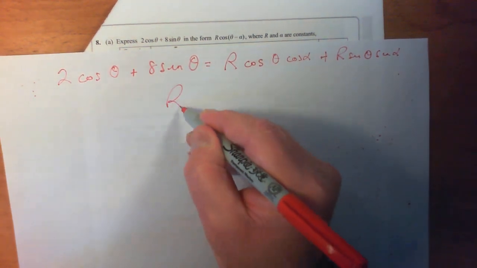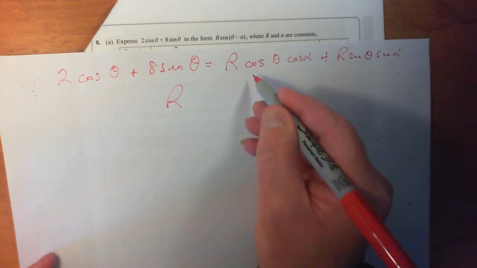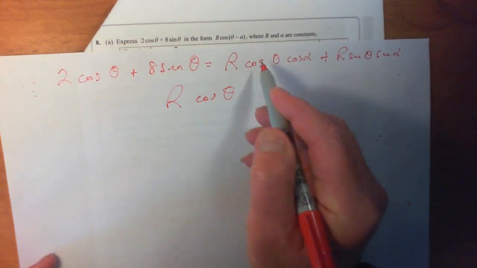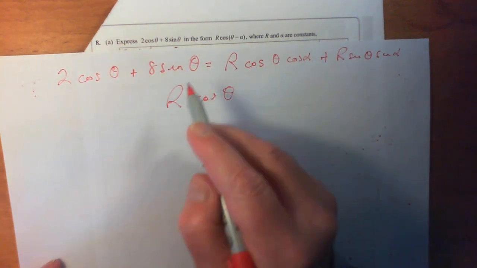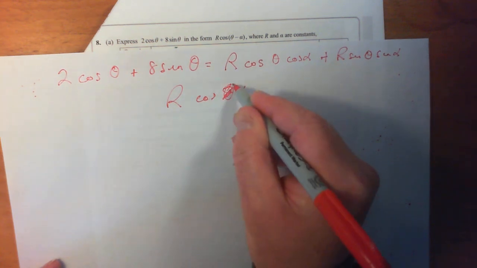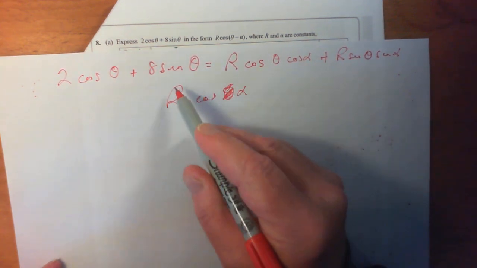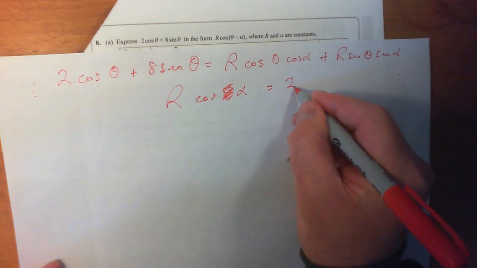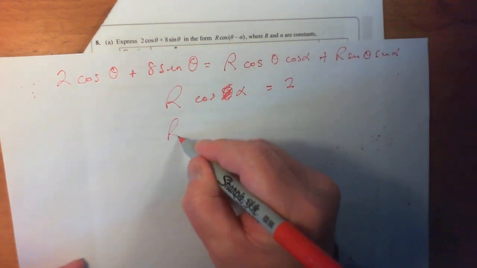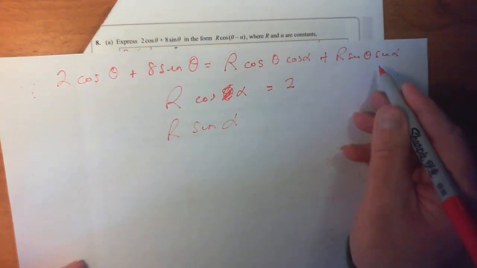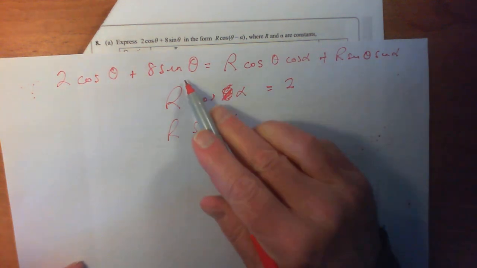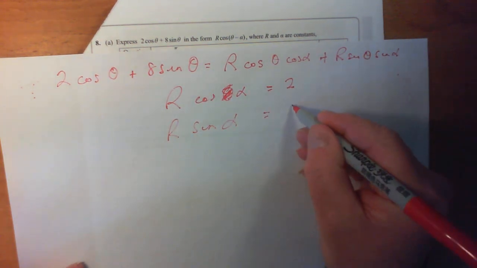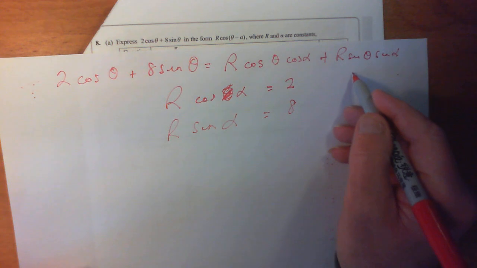I can now say that r cos alpha corresponds to this one here, so that's equal to 2, and r sine alpha corresponds to that one, so r sine alpha equals 8.